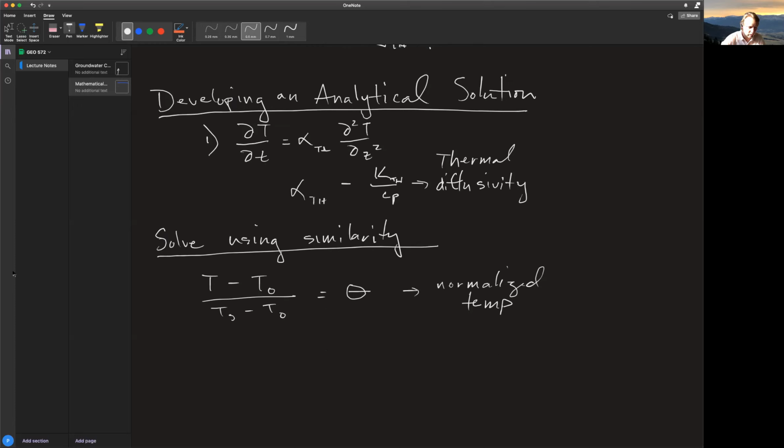So now I can rewrite my equation up here in terms of normalized temperature. d theta dt is equal to alpha th d squared theta dz squared.